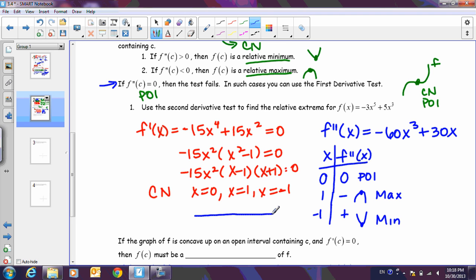I want to go ahead and go over here and show you kind of the other way that we did this. Okay, what we did before was we took values, we plugged them into f prime, then we had f up here, and we saw that on the left side, if we plugged in a large negative number into the derivative, we had a negative, therefore my graph was decreasing, okay?